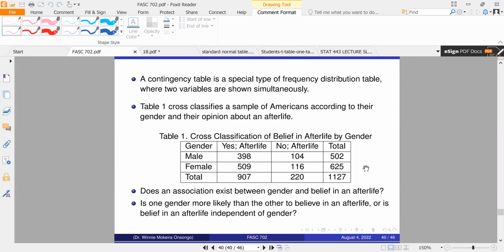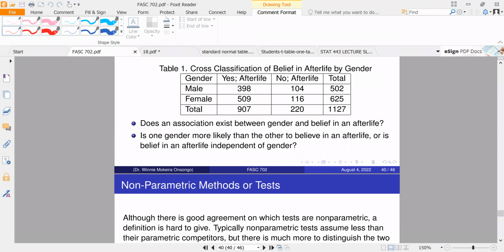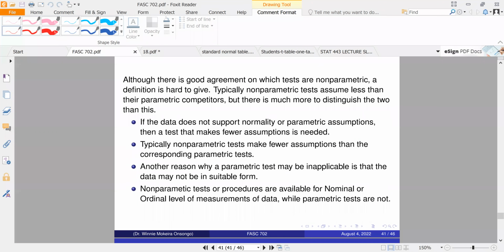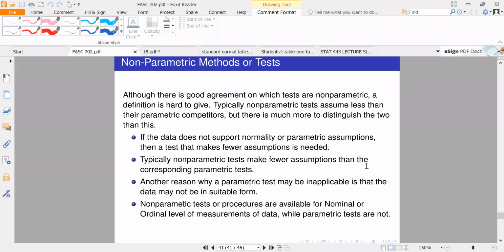So we have other non-parametric methods that we use in this kind of data analysis. Here we have reasons why non-parametric tests are favored in the analysis of categorical data compared to the parametric tests.